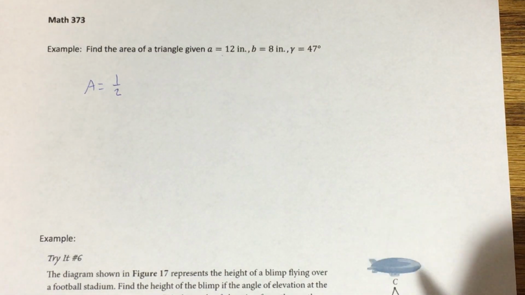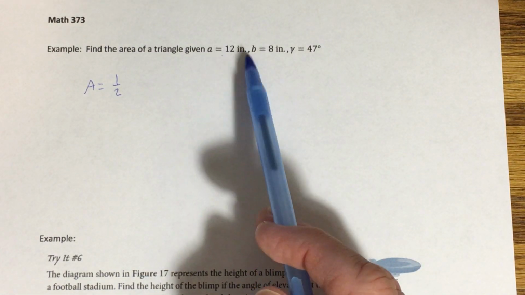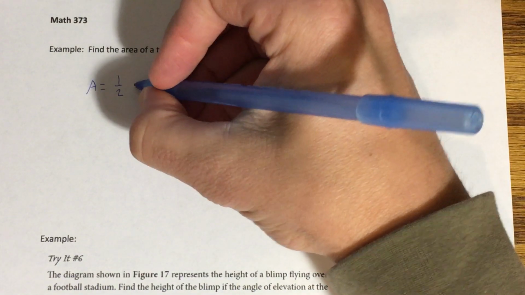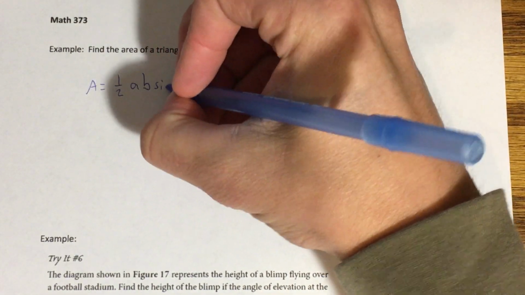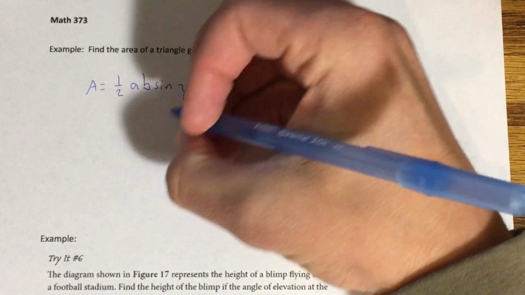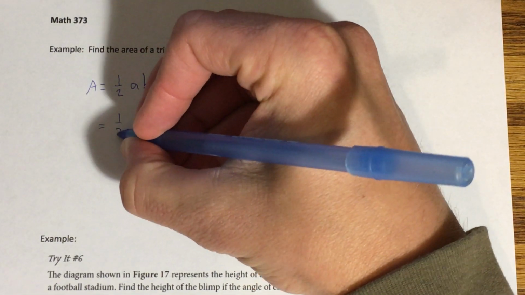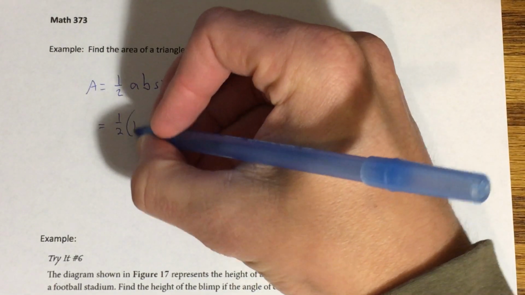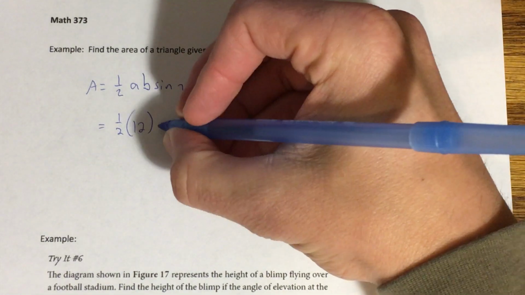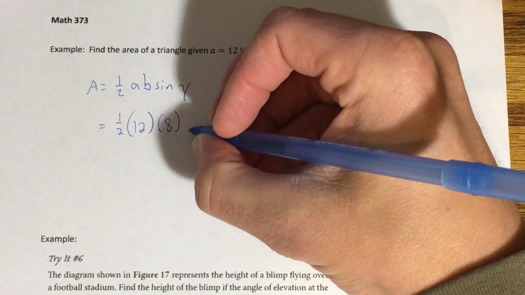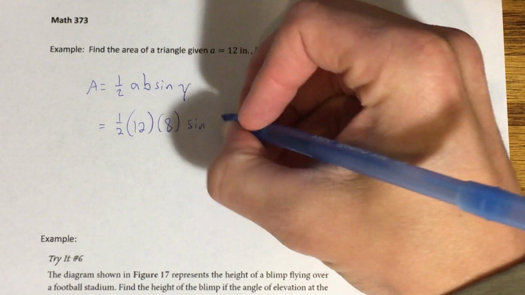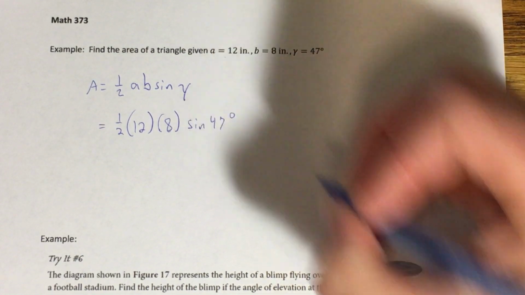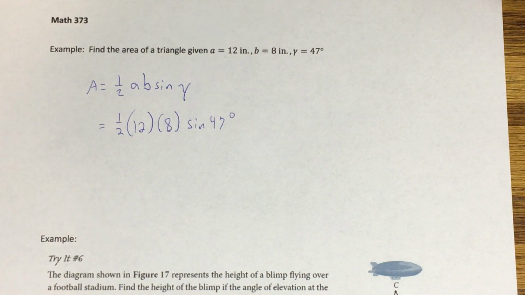Now remember, there's three formulas, but the one that we want to use is AB sine of gamma. Okay, which would be 1/2, A is 12, B is 8, gamma is 47 degrees, sine of 47 degrees.